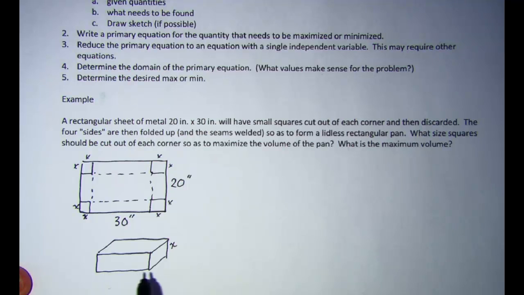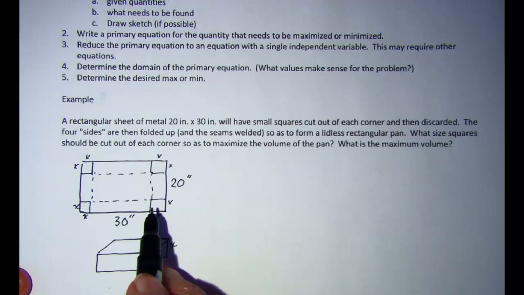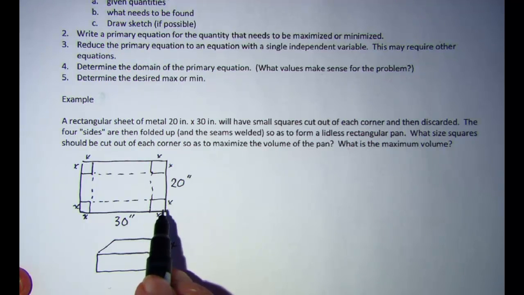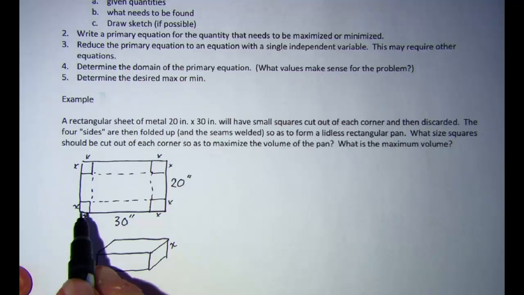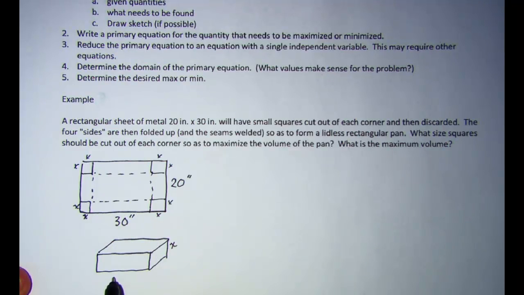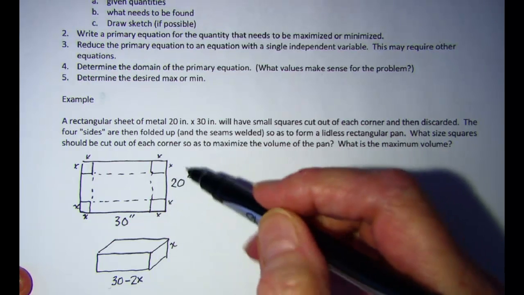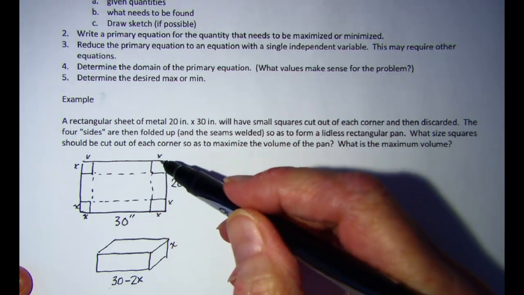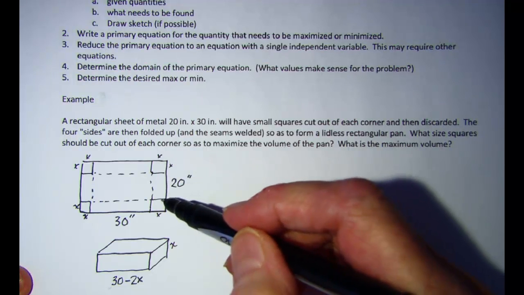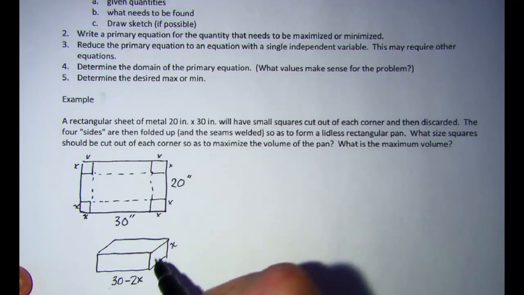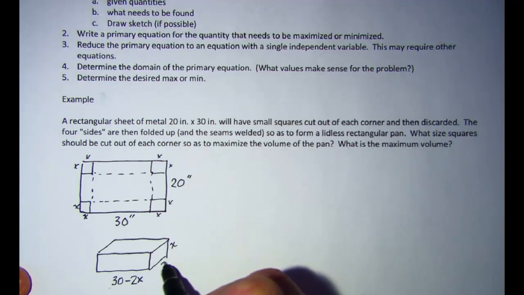The length of our pan is going to be 30 inches minus x from this side and x from this side, so the length is 30 minus 2x. And then the width of our pan is going to be 20 minus x off of this side and x off of this side, so the width is 20 minus 2x.